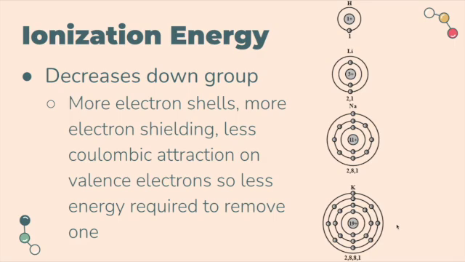So the electrons on the outermost part of an atom of potassium are less attracted to the nucleus than the outermost electrons on, let's say, sodium. Because these electrons aren't as attracted to the nucleus, it requires less energy to remove one, which decreases the ionization energy.